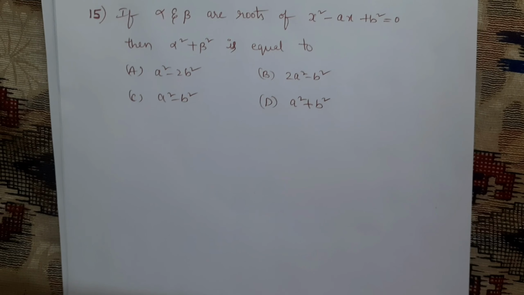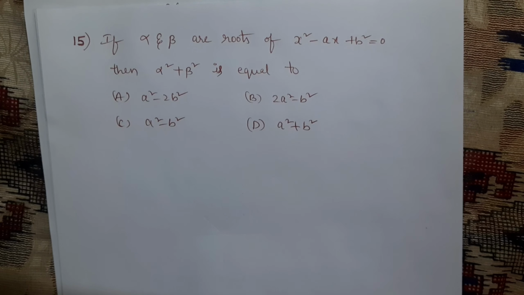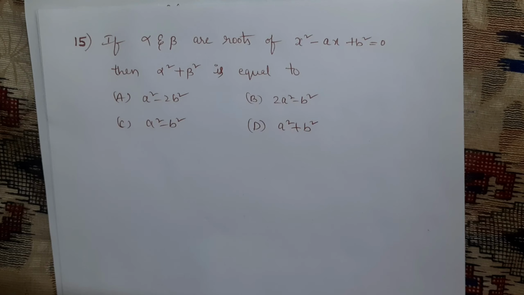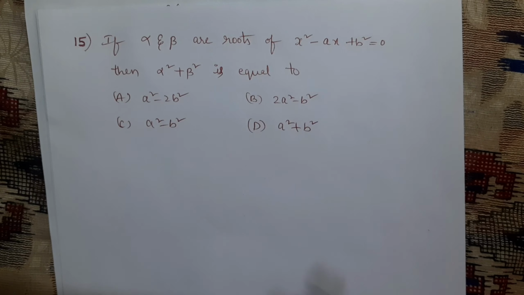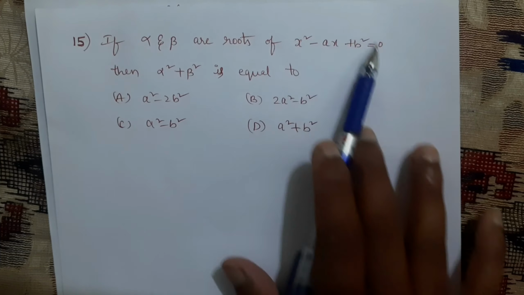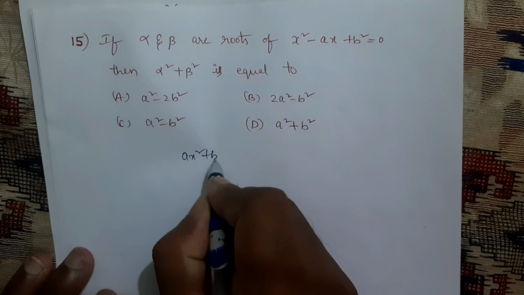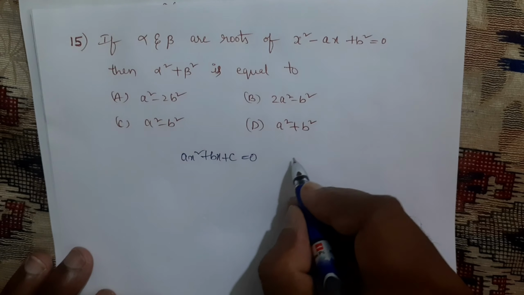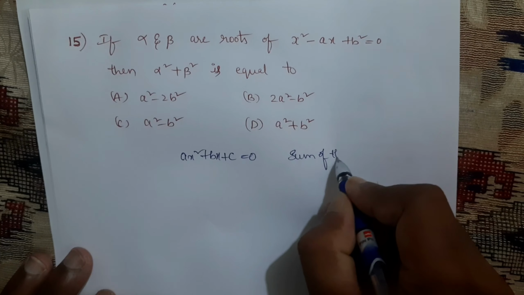Next, the last question of this session, question number 15. If alpha comma beta are roots of x square minus ax plus b square equal to 0, then alpha square plus beta square is equal to, as they are telling, these two are the roots of this equation. As we know, if ax square plus bx plus c equal to 0, we know the roots, like sum of the roots and product of the roots.